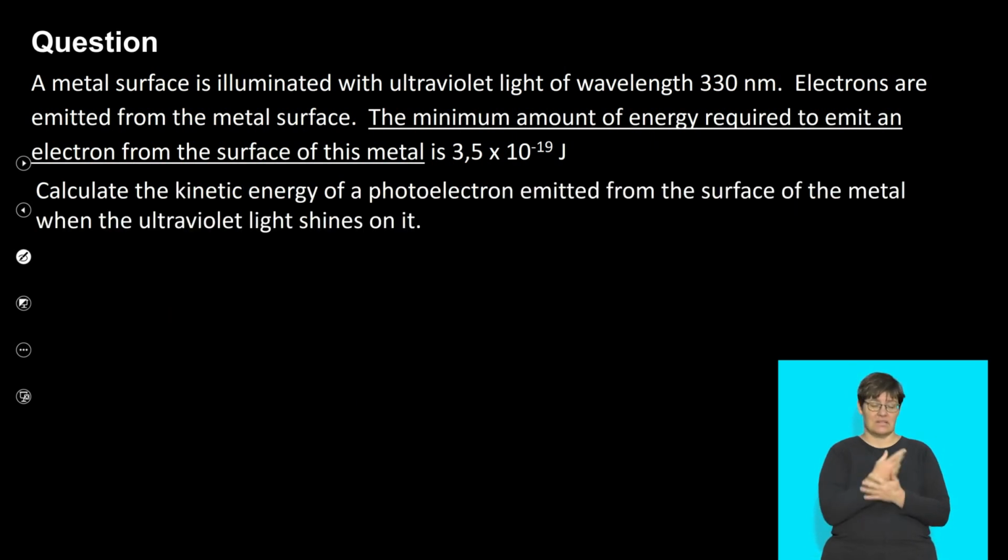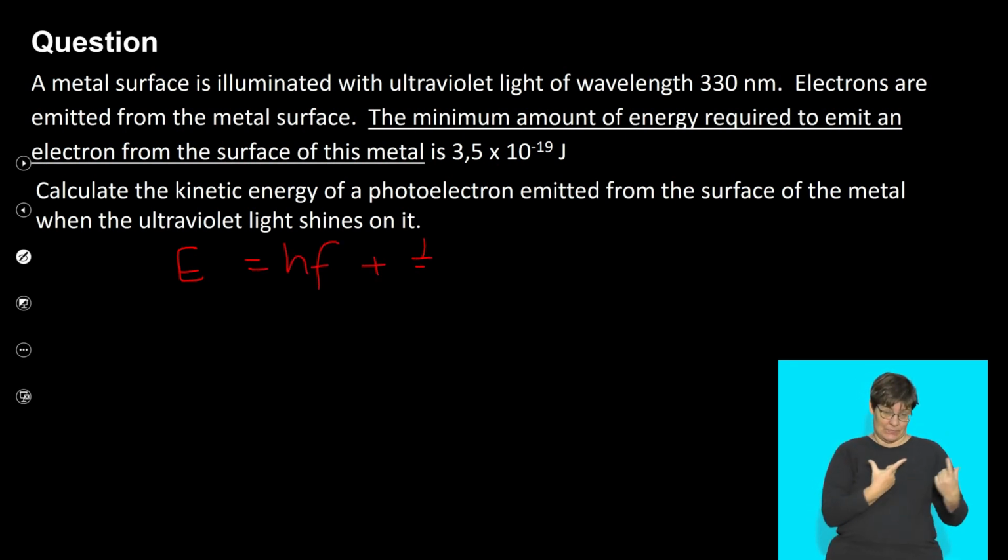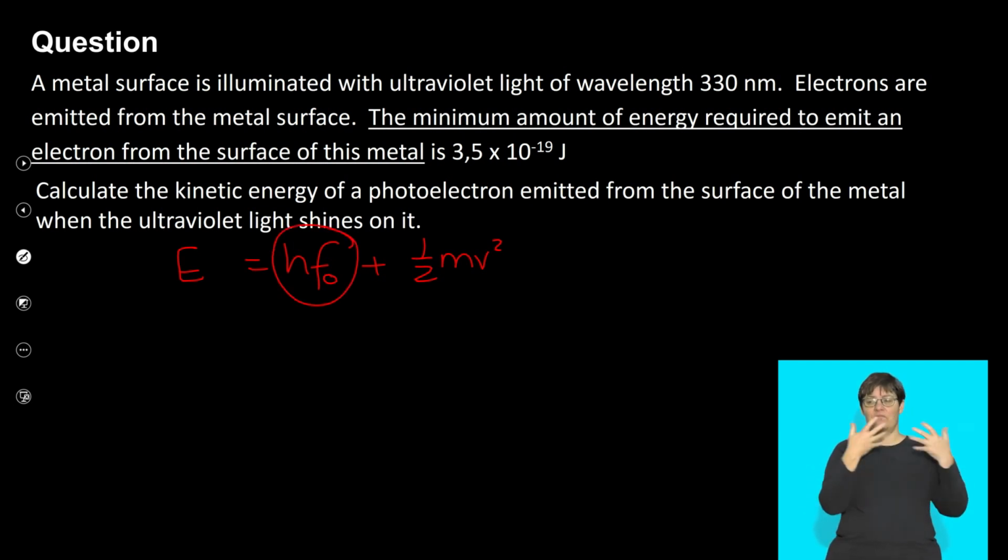Now they want the kinetic energy of the photoelectron emitted. Same as what we did just now, except I'm not going to do the whole calculation. This is for you to work out. This is essentially the equation we're using. It's the same thing as we've done before. I've worked out f0. I don't need this. They've given me that value.